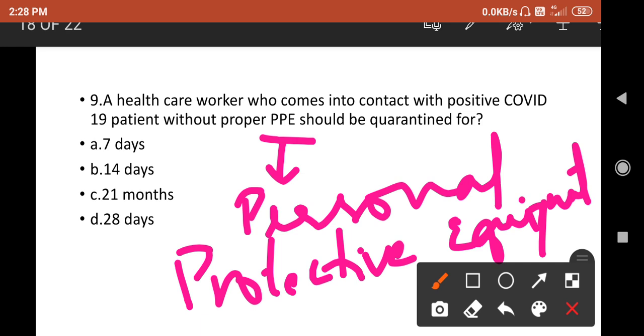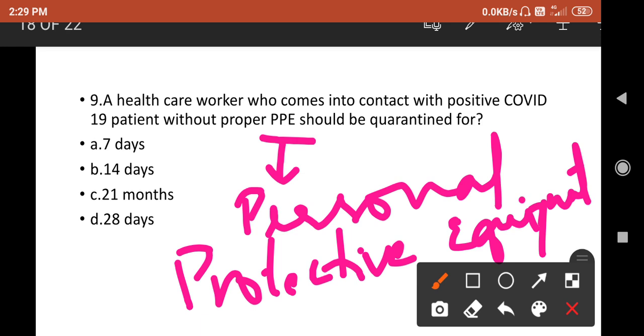Whenever a healthcare worker, it might be a nurse, a doctor, a physiotherapist, or a health worker, comes into contact with a positive corona client without proper PPE, they must be quarantined. Everyone knows that people who come in contact with positive cases must be quarantined.